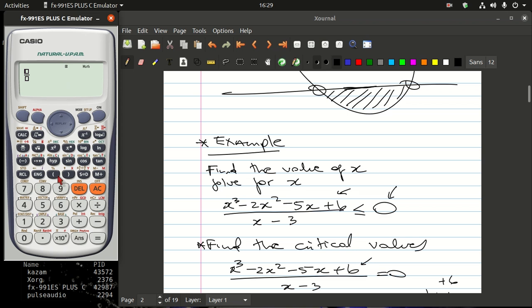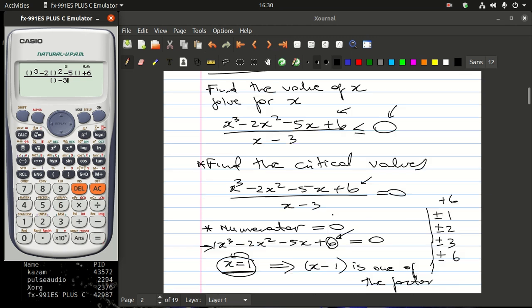Let me see here. So we're going to have x cubed minus 2x squared minus 5x plus 6 divided by x minus 3.